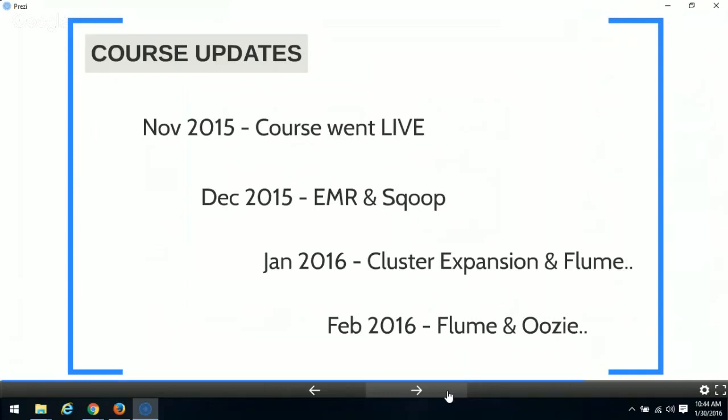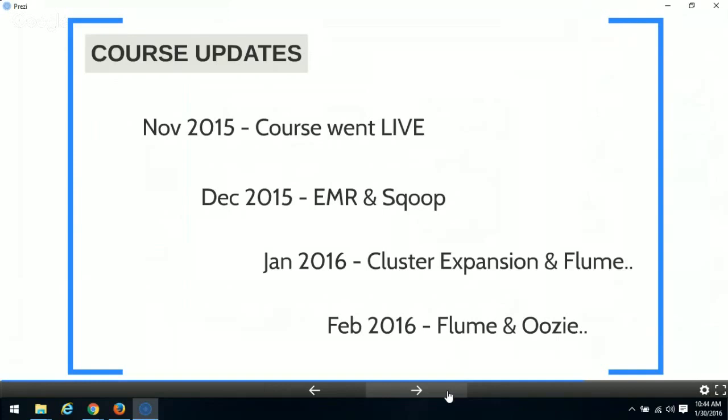Oozie is a scheduling/orchestration tool, because we have so many tools in the Hadoop ecosystem, right? Let's say you want to run a MapReduce job, and after this MapReduce job, you want to run a Pig script, and after this Pig script, you want to run a MapReduce job and insert into a Hive table at the same time.